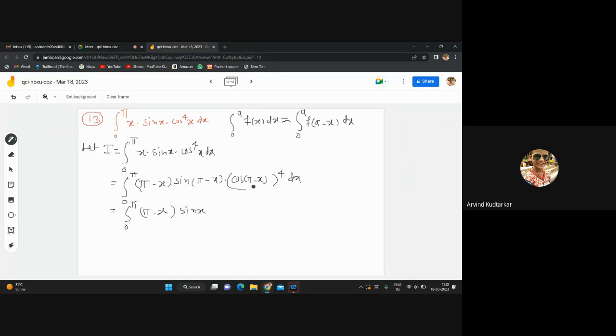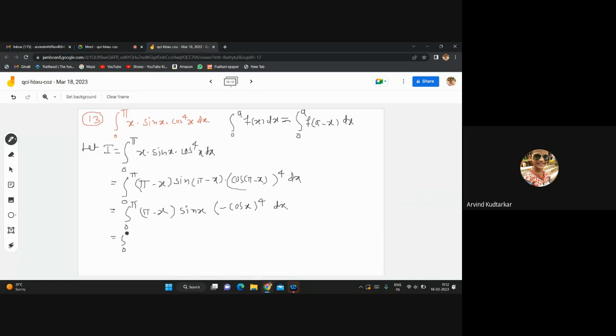And cos of pi minus x, what is it? 180 minus theta lies in the second quadrant, and in the second quadrant cos is negative, only sin is positive. So its value is minus cos x, raised to 4, dx. Minus cos x raised to 4 means minus 1 raised to 4, it is 1. Okay.